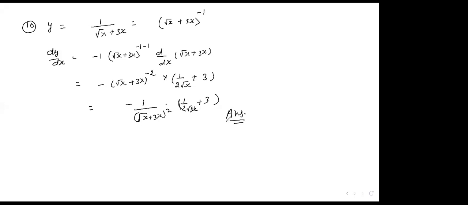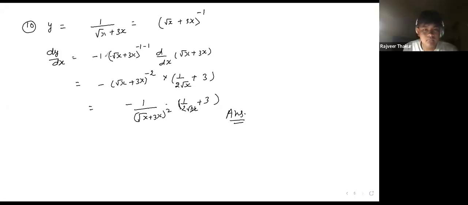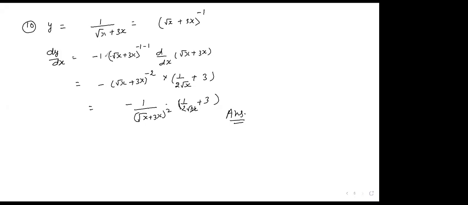What we have done: 1 over (√x plus 3x) can be written as (√x plus 3x) to the power -1. Since -1 is the power, we have taken -1 outside, before the term, and (√x plus 3x) to the power -1 minus 1, we reduce the power, so that becomes -2.